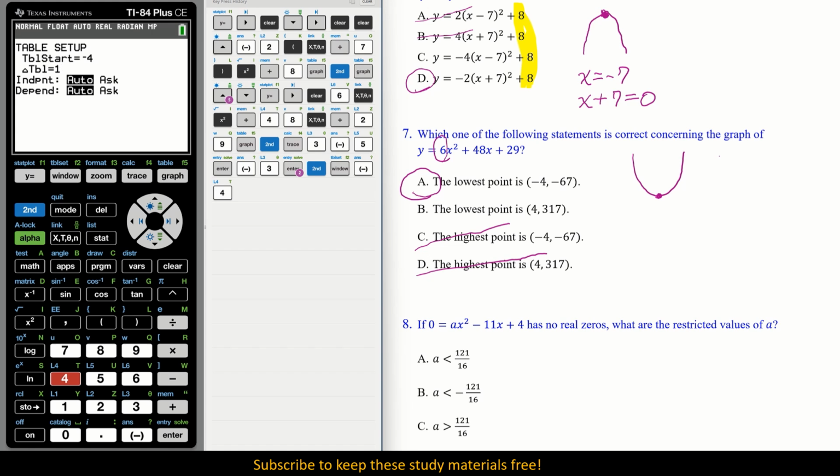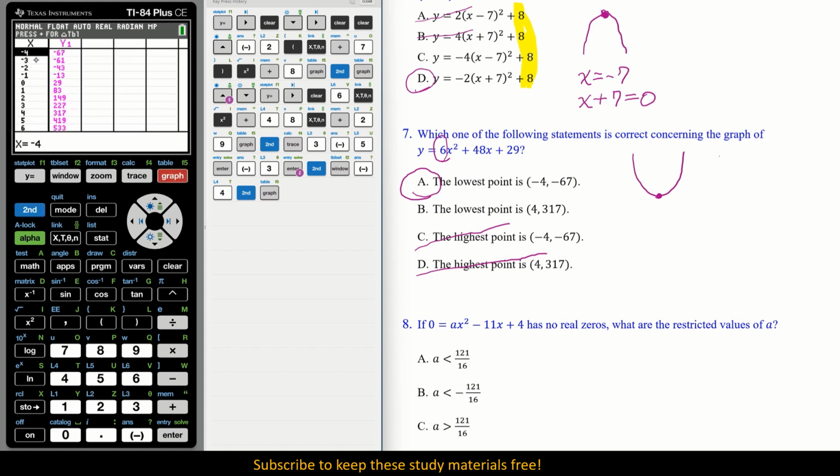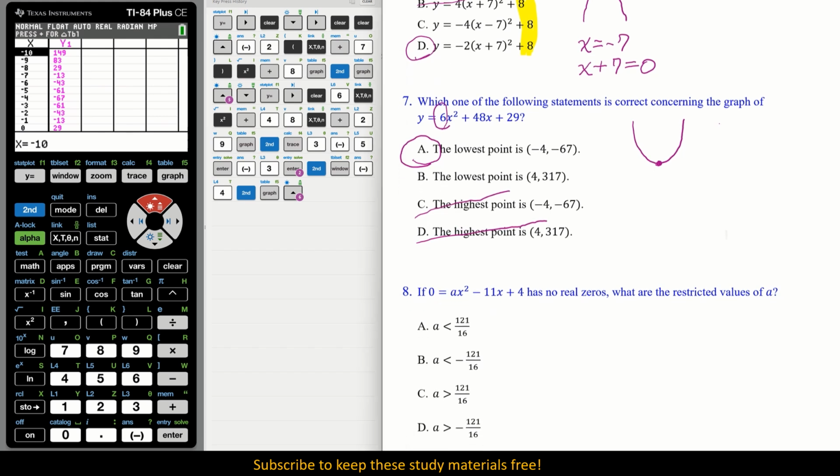Then second graph gives me my table, and it's verified numerically. As I go in either direction from -4, it is increasing in value. See, it goes up to the positive. So we are correct. We verified our findings.